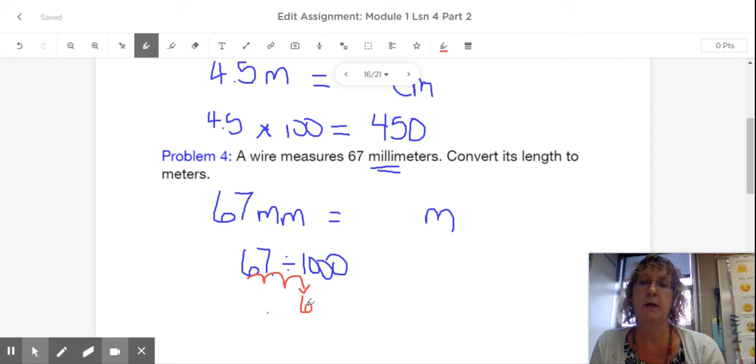Decimals over here, okay? 7 follows it, but I have an empty spot here, don't I? It goes to the ones place, tenths place. Yep, I have one empty spot there. 67 thousandths of a meter is my answer, okay? And if I wanted to write this in exponential form, this would be 10 to the third.